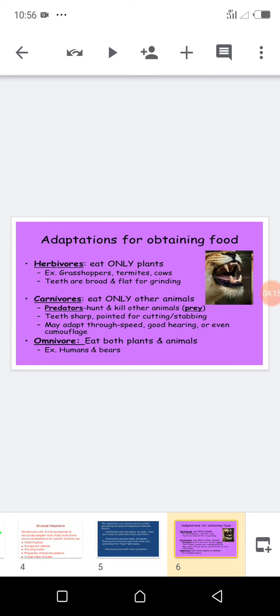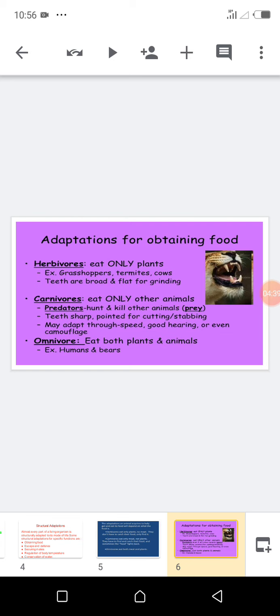Okay, so herbivores are organisms that eat plants only. And we have examples here as grasshoppers, termites, cows, goats. They have broad and flat teeth that are for grinding because they eat grass, herbs.